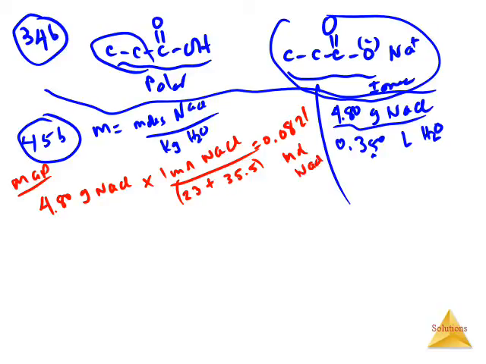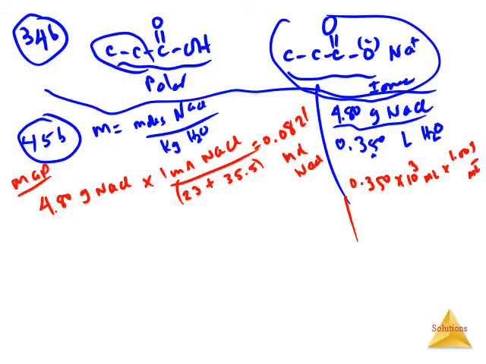Now I need to know the kilogram of solvent. We have liters given, so let's change that to milliliters first. 0.350. Since they gave liters, let's multiply that by 10 cubed to get mL. And water density is close to 1.00 gram per mL.